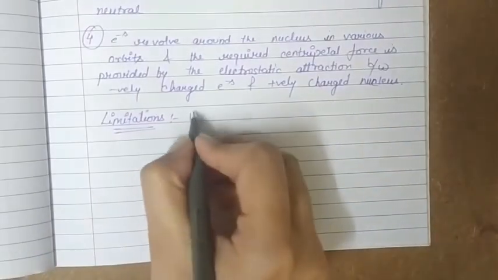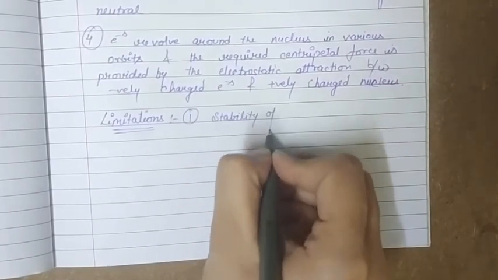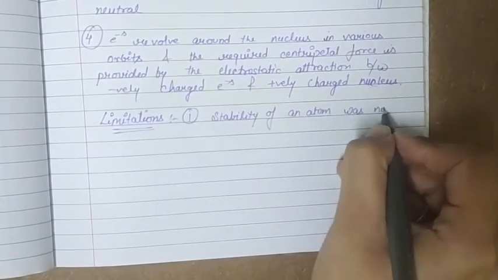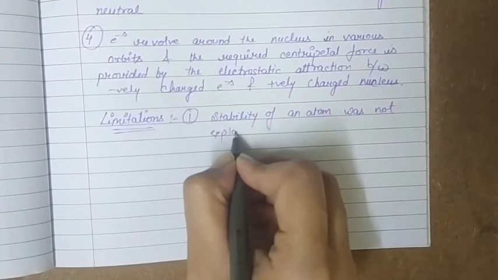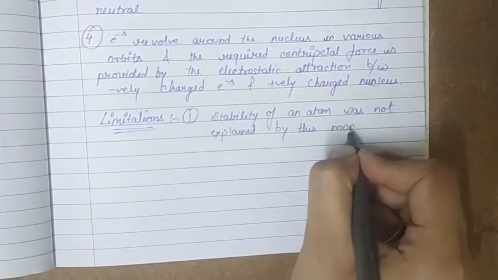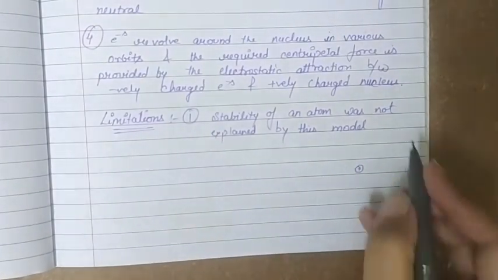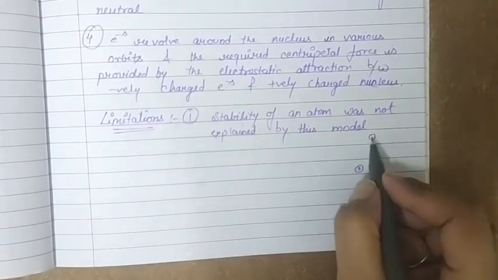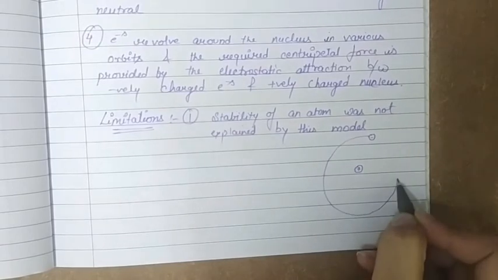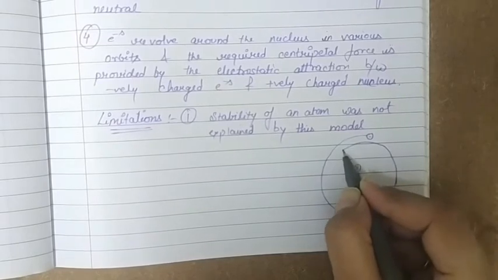First, it can't explain the stability of the atom. The reason is, if this is the positively charged nucleus and the electron starts revolving from here, then as it goes around it will be accelerated and radiate some energy, and if it loses energy, the size of the orbit will reduce.